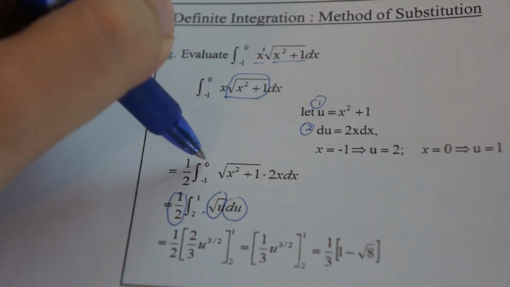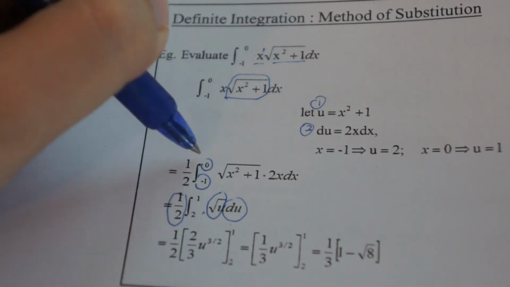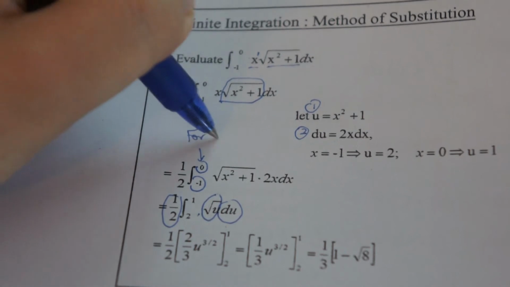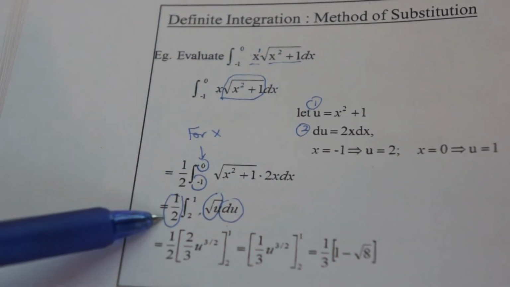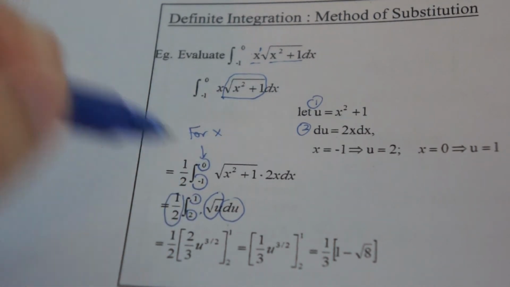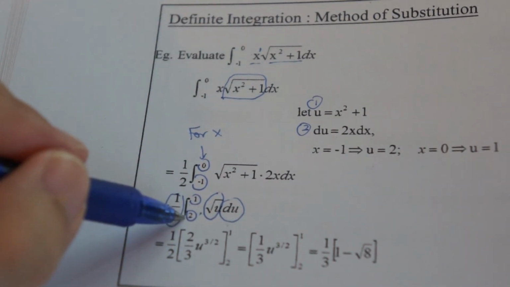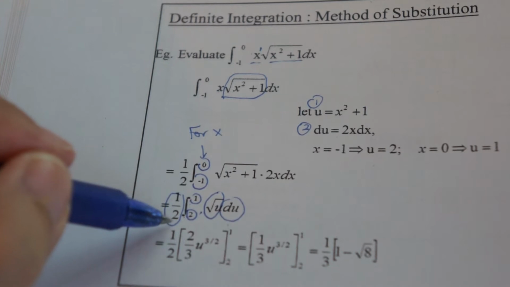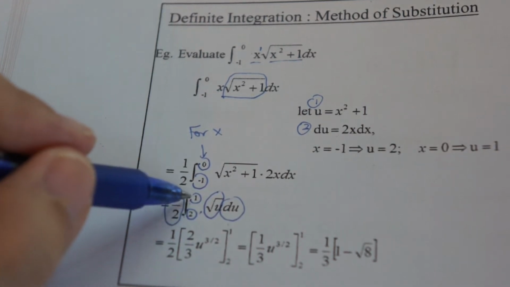But the upper limit and the lower limit are for x, so if you replace back by u, you have to change the limits to 1 and 2. How to get 1?